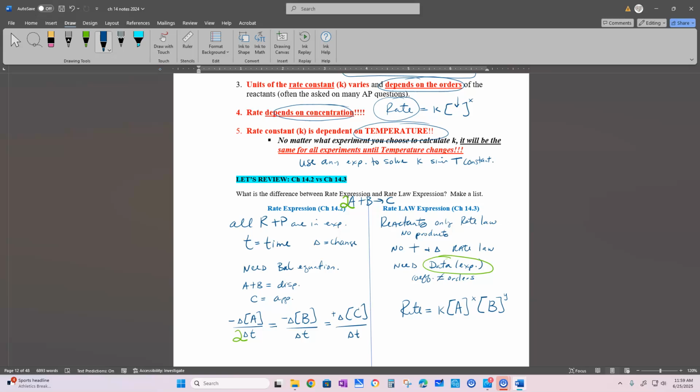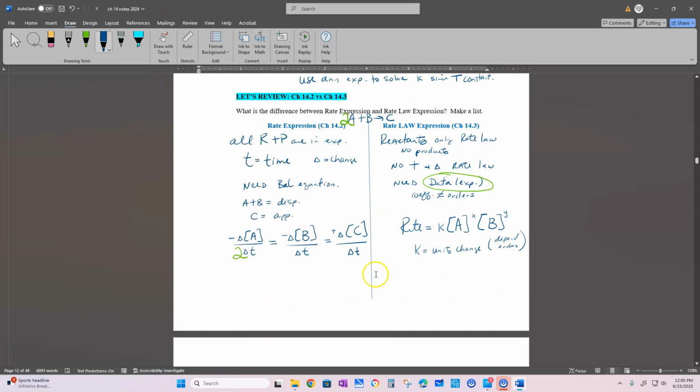And then that's pretty much all it is. K units can change because they depend on the orders. Let's see what else. And I think that's about it.